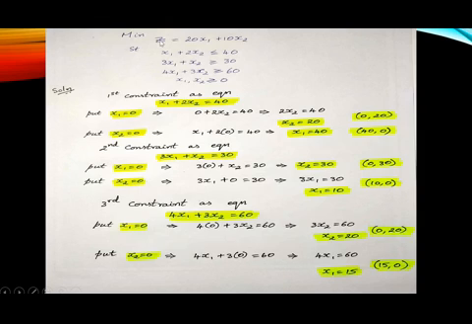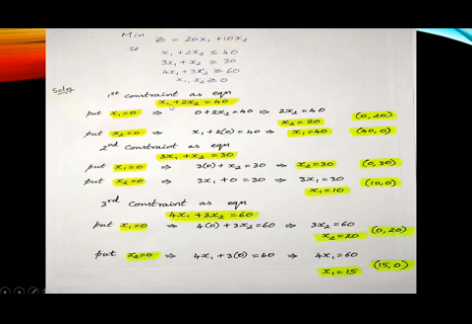So, minimization case: z equals 20x1 plus 10x2 subject to the constraints. As usual, like in maximization, in minimization also I have to consider the constraints as equations and generate the coordinate points. So I'll consider the first constraint as an equation. The first constraint was x1 plus 2x2 less than or equal to 40.